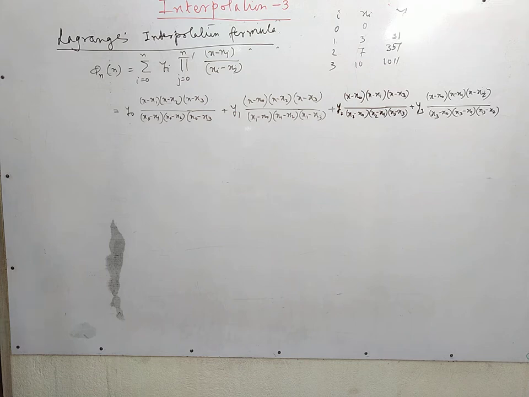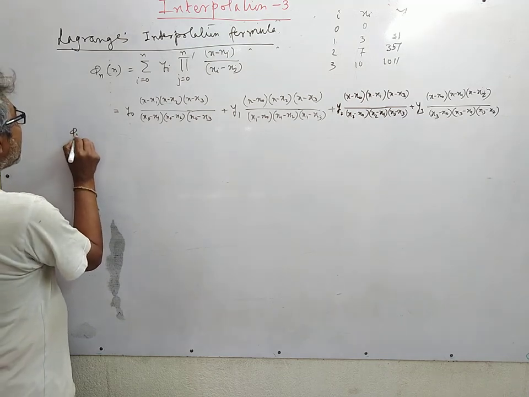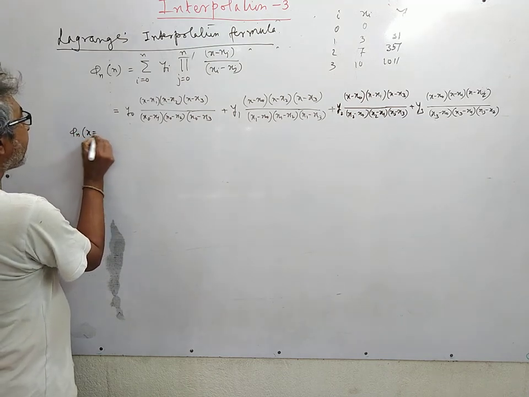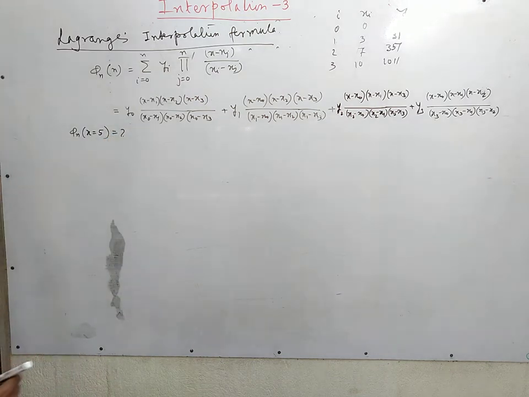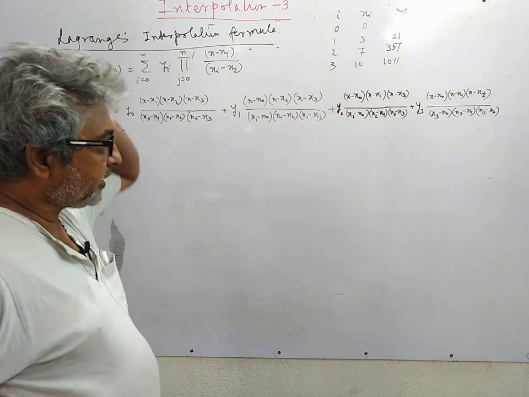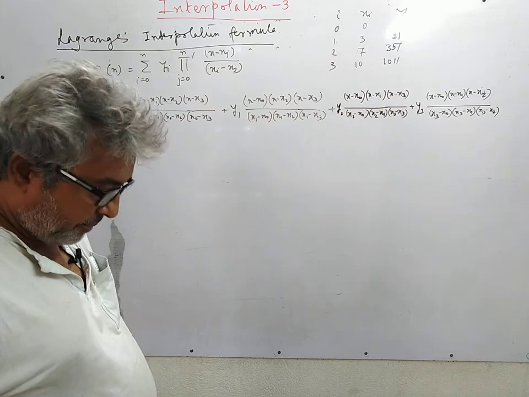We want to find out the value at x equal to 5. This is our question. If we were using Newton's forward formula for this data, the result would be inapplicable.